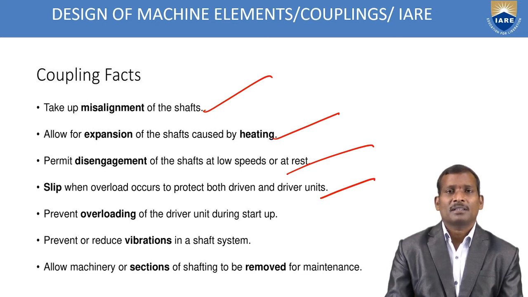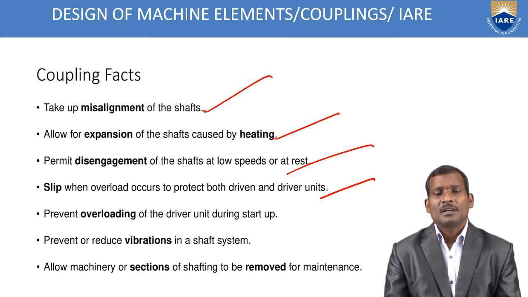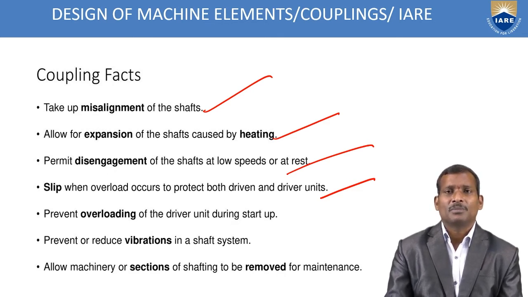Whenever overload occurs on the shaft, the shaft or the belt pulleys may slip to protect both the driven and driving units. In this case, the protected flange coupling may be used for this type of application.